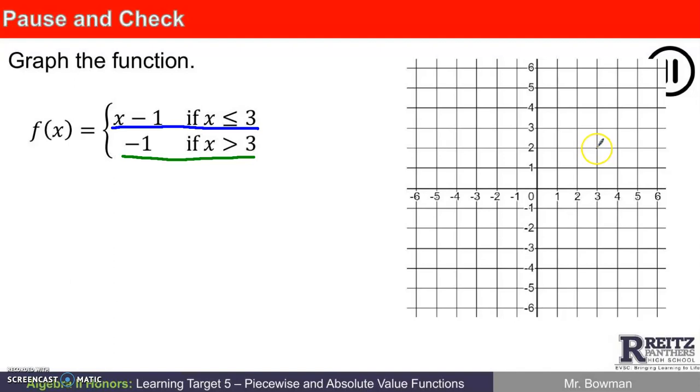Should I fill in that dot? Yes is the answer, I should. And one more time, why? Well, this is the part of the rule that includes when x equals 3, so I should fill this dot in. When x is 2, 2 minus 1 is 1. When x is 1, 1 minus 1 is 0. When x is 0, 0 minus 1 is negative 1. And I see the pattern, don't I?